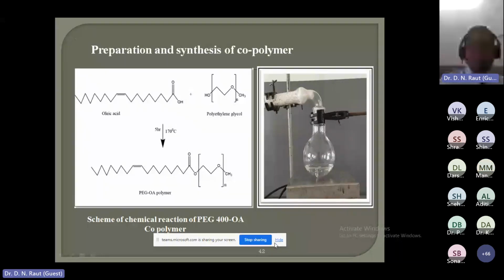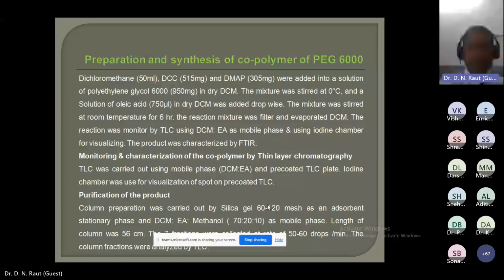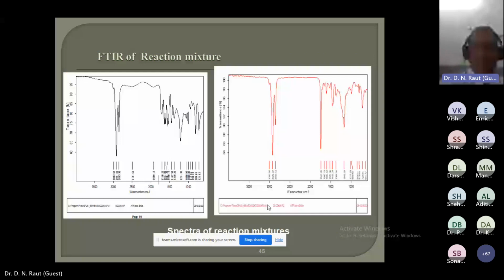So for the prediction of the chemical reaction, if you go and see the FTIR of folic acid, you will have the sharp peak for this ester linkage, and if you join it, then that terminal OH peak gets reduced or changes, and you can predict the reaction.